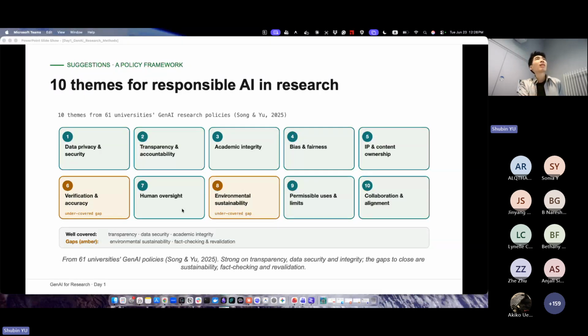For example, BI Norwegian Business School uses Gemini, so the data stay in the university. In this case, it's safe. It's better. You still can't be 100% sure that they're not going to use the data to train the model, but it's already much safer, right?